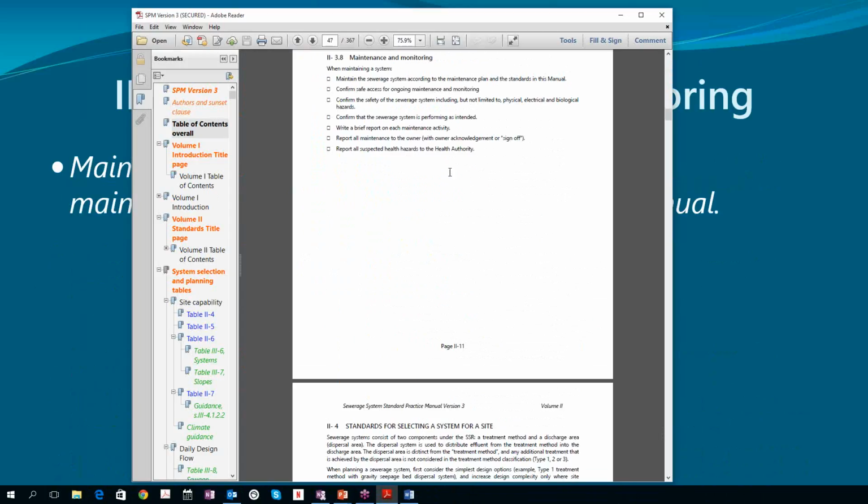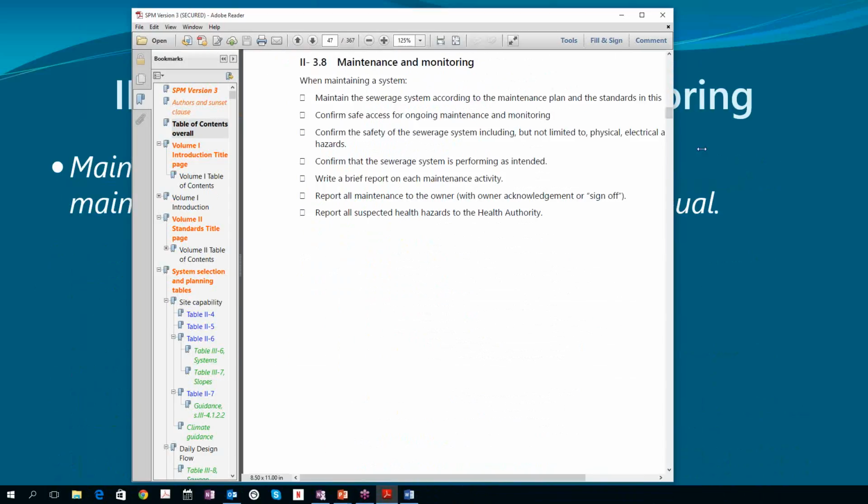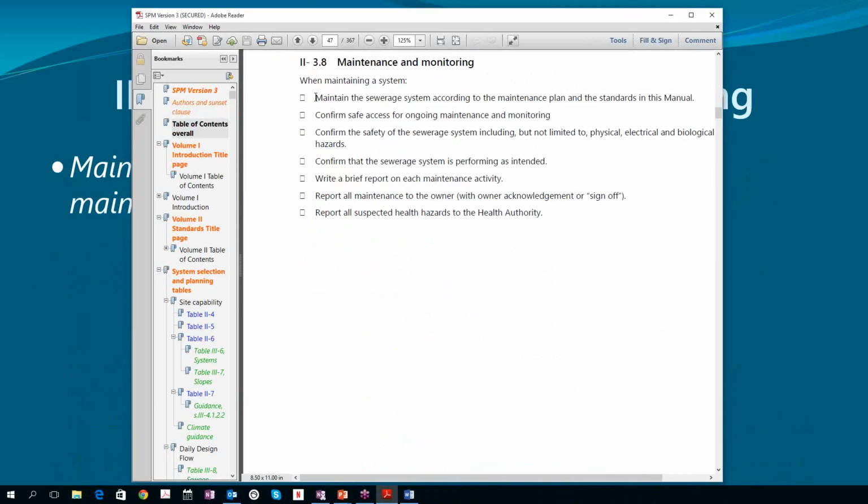There it is again. It says when you're maintaining a system, you have to follow the maintenance plan, according to the maintenance plan and the standards in this manual. Make sure it's performing properly, or as intended, more precisely. Write a brief report to the client. Again, report all maintenance to the owner and report health hazards to the health authority.